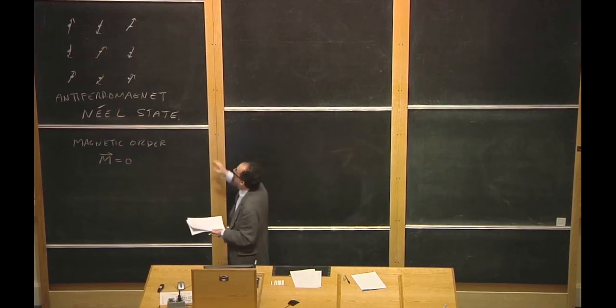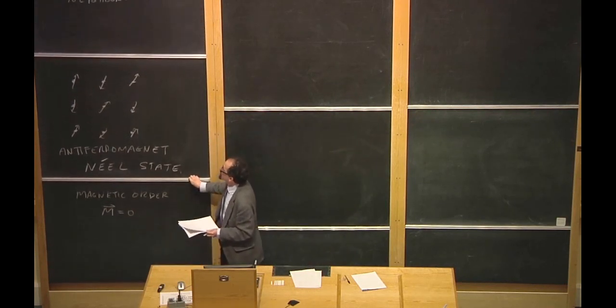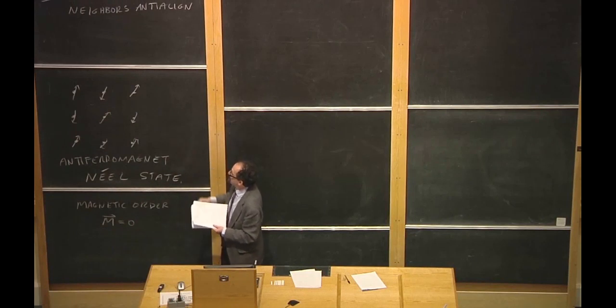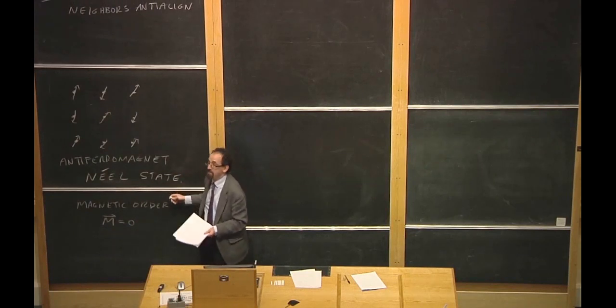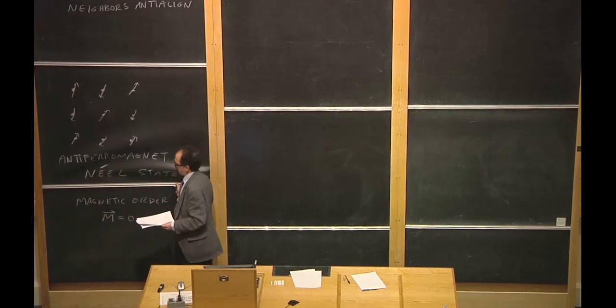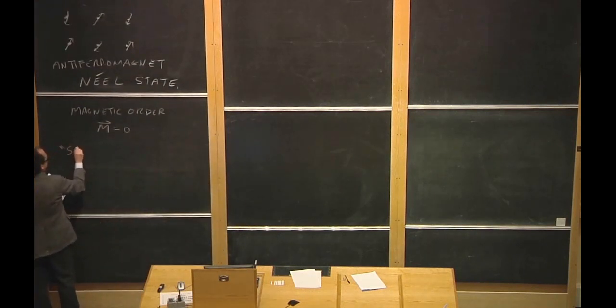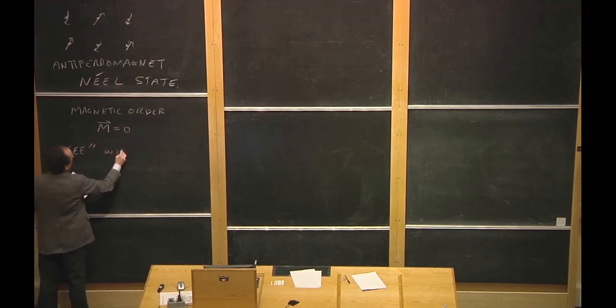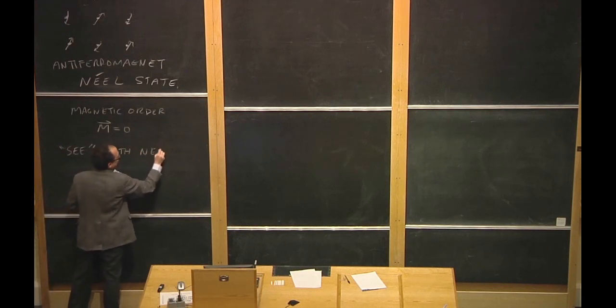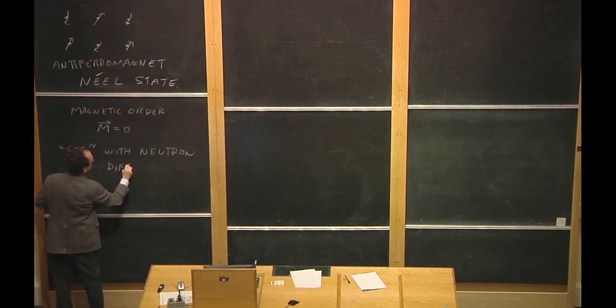But in the modern era, there's a very direct way to see this sort of physics, which is to do neutron scattering on it. You can write that down. You can see it with neutron scattering, or neutron diffraction, I guess we should call it.